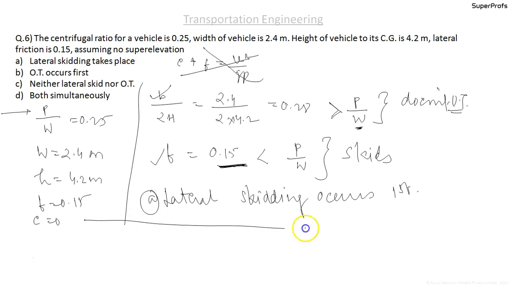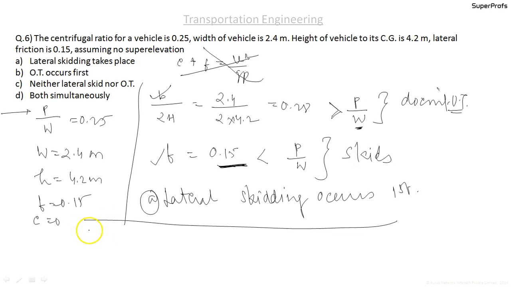So guys, just a recap. This chapter of horizontal curves is part of highway geometry design, and in this chapter we initiated with some theoretical concepts on the horizontal curves. Later on we discussed overturning and skidding, and then the design super elevation.